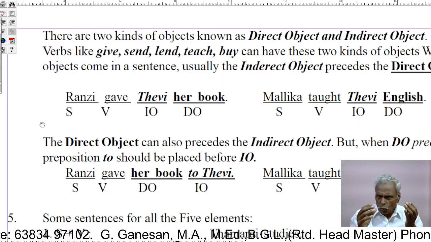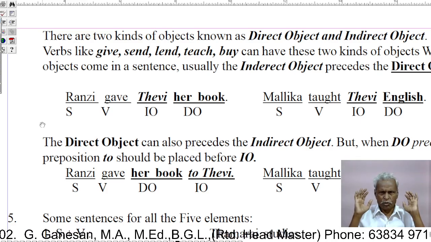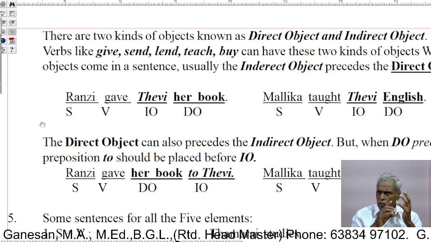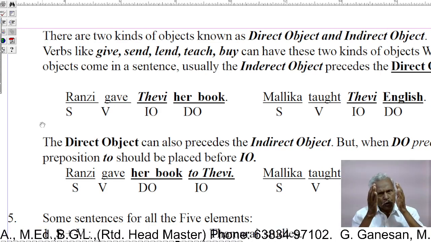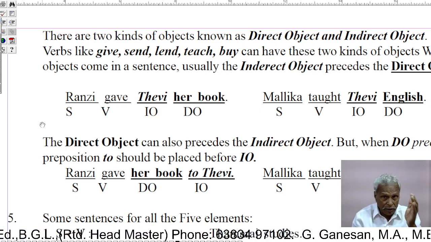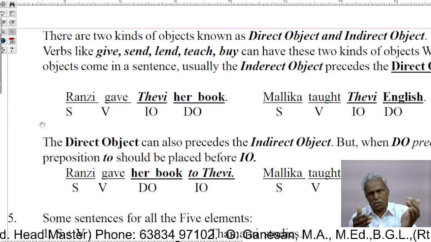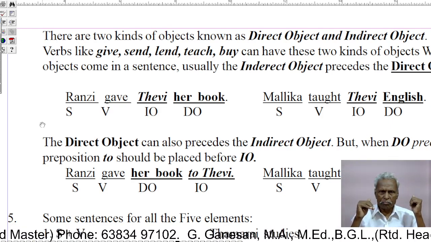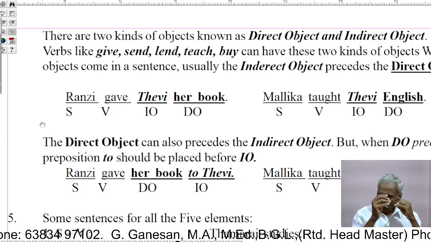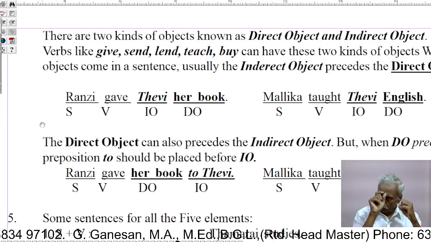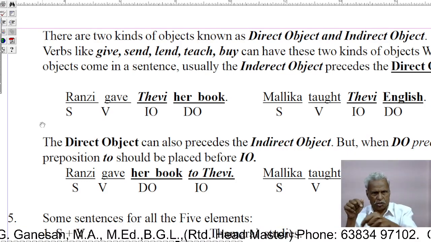When there are two objects in a sentence, how should they be placed? When there are two objects, direct and indirect, normally the indirect object is placed first and the direct object next.